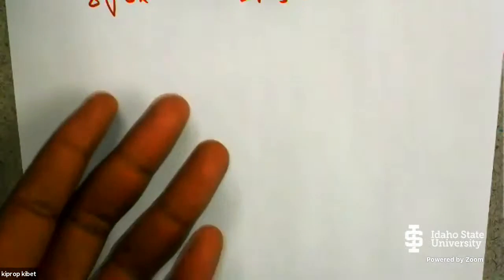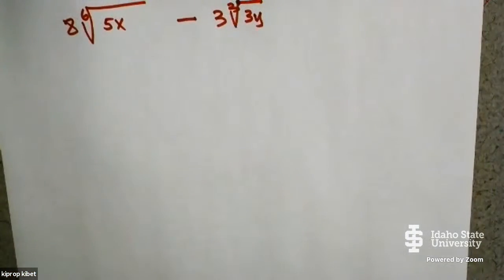Looking at this, do we have a solution here? No, we don't, because we don't have like radicals here. This is the sixth root, and this one is the cube root. So they are not like, so you just leave it like that. That is the solution.